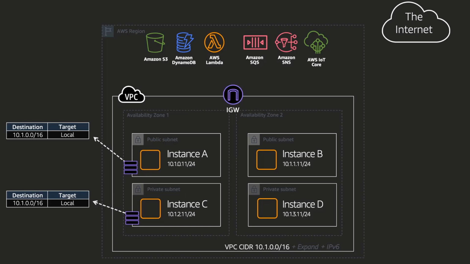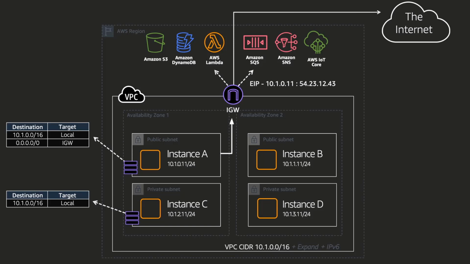So we'll start here with an internet gateway or an IGW. The internet gateway gives us access to public services and also the public internet, and we just build a default route to the IGW. We have an elastic IP assigned to our instance A here, and we can then communicate with all of these public services and also the public internet.